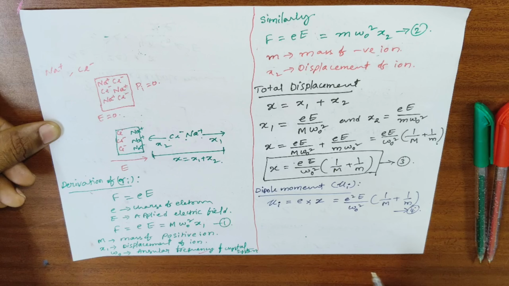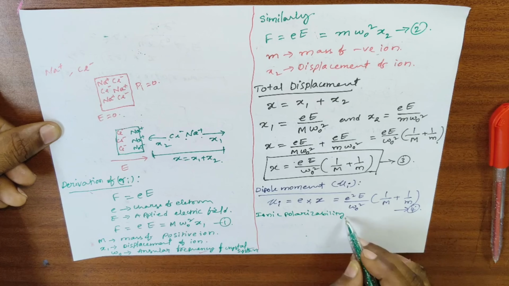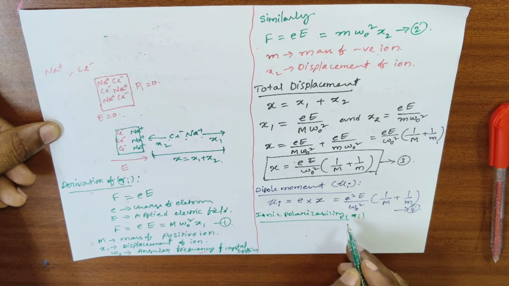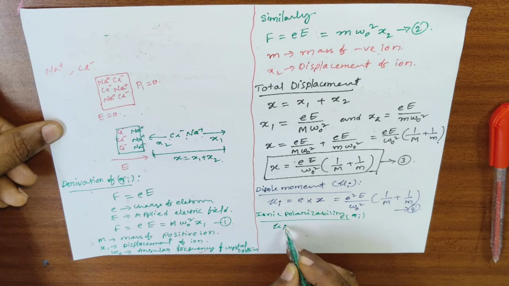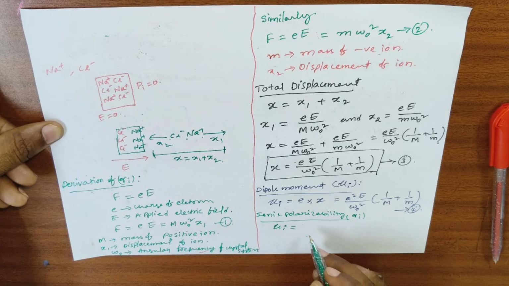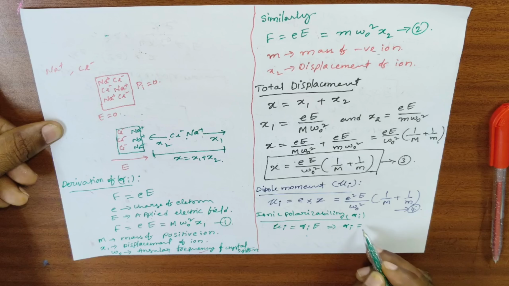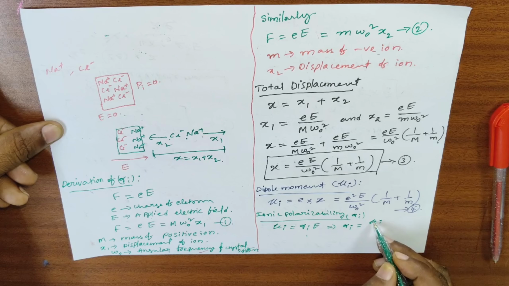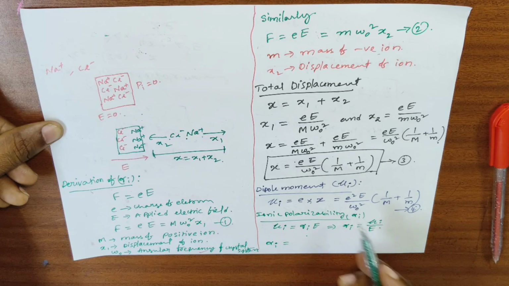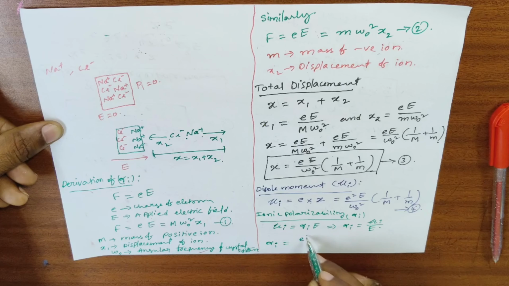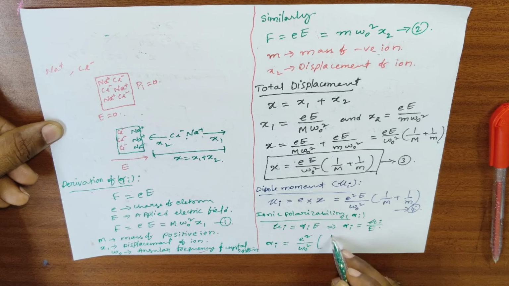Next we find the ionic polarizability, alpha I. We already know the relation between dipole moment and ionic polarizability: mu I is equal to alpha I into E. That implies alpha I, the ionic polarizability, is equal to mu I divided by E. Then we get alpha I equal to e square divided by omega naught square into 1 by capital M plus 1 by small m.